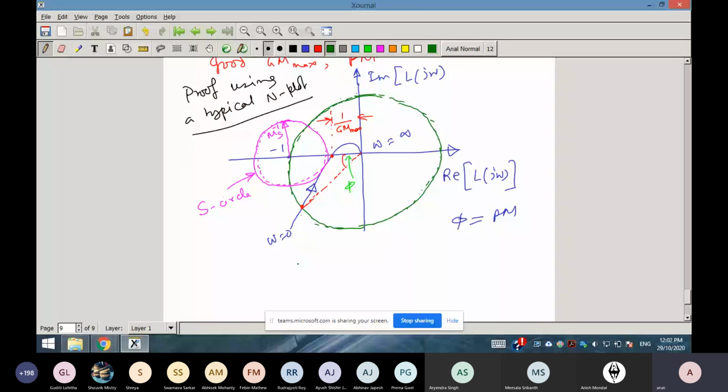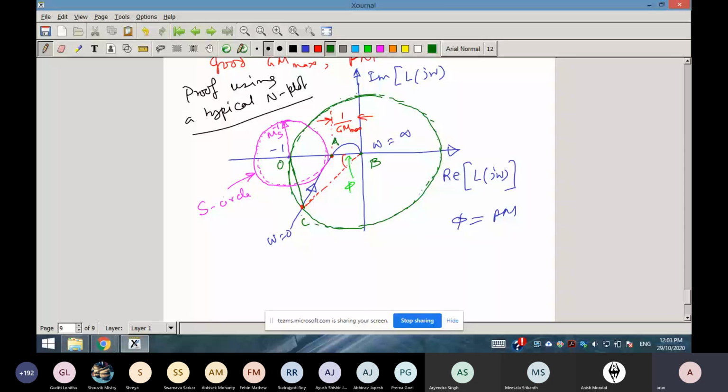what is your 1 by GM? Just wait. So from the figure, if you just mark it like this, this is O, suppose this is your A point, this point is suppose B, and this point C. Okay, and I am also drawing, suppose this is a triangle.